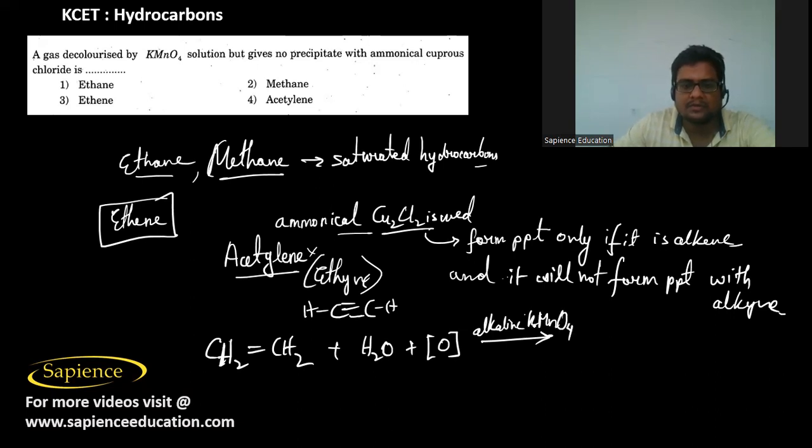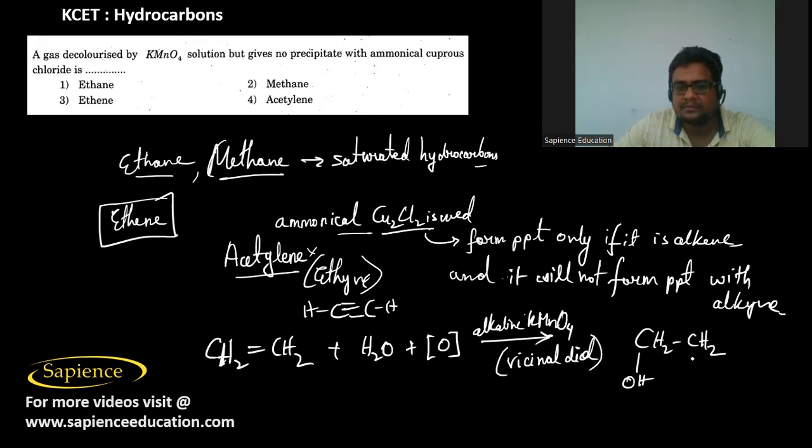Since KMnO4 is a very good oxidizing agent, it will give nascent oxygen, and this alkene will be oxidized to vicinal diols.